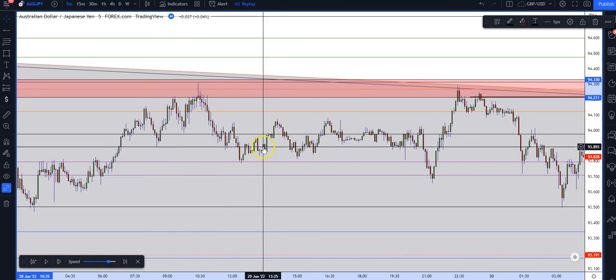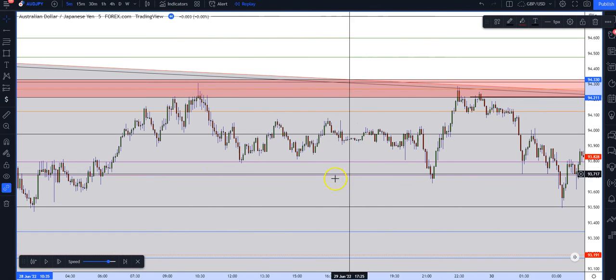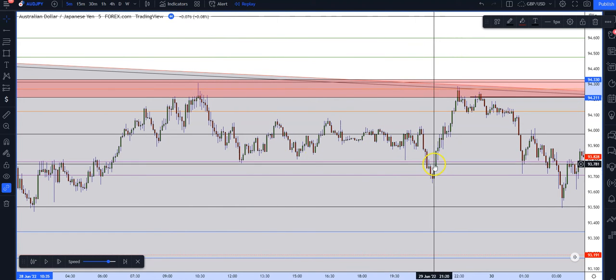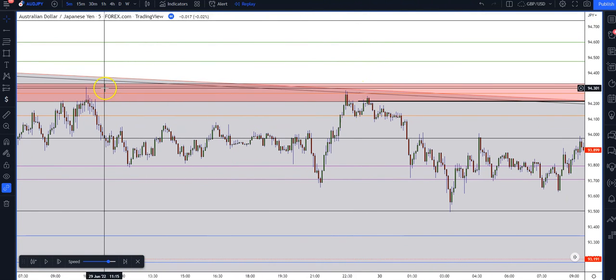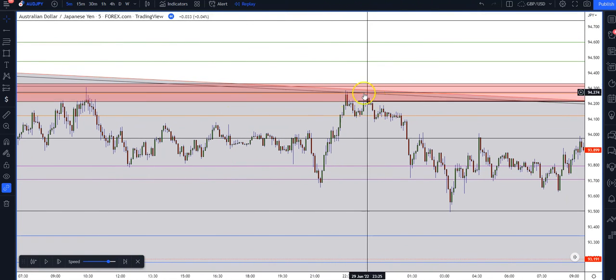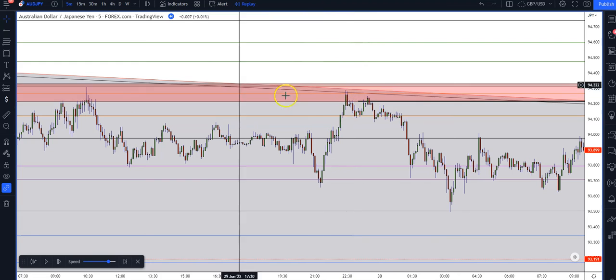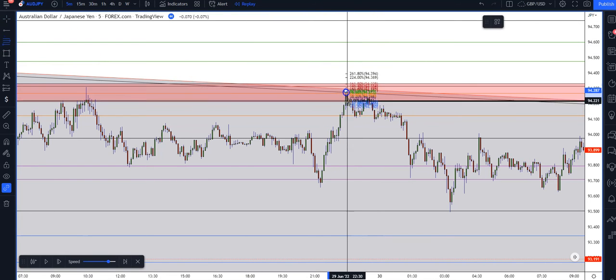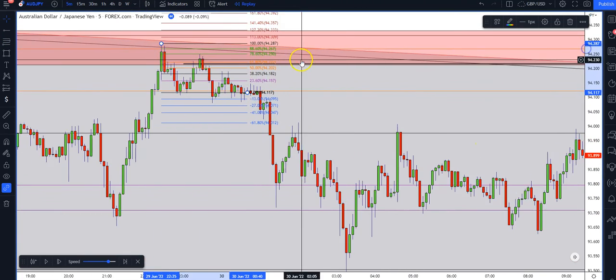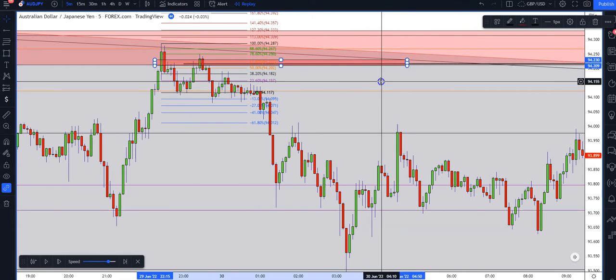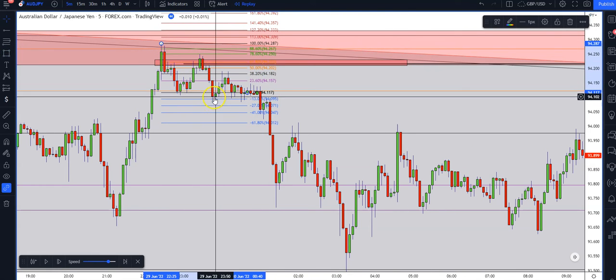Wick came back into the zone, did its little consolidation, manipulated the bottom, grabbed liquidity, ran back up, back to the top, never broke that high, respected again. You could have drawn a fib right here, boom, got back in, a nice clean entry on the 61.8, just like that, and run that down.